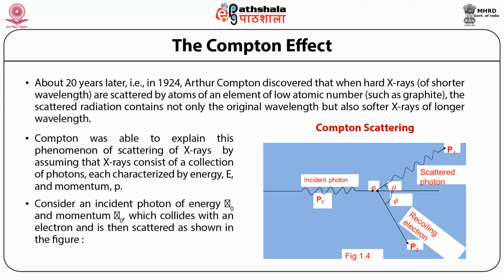Squaring and adding these two equations, we get p2 square equals p0 square plus p1 square minus 2 p0 p1 cos theta. By using the above relations, we rewrite our previous equation as [c into (p0 minus p1) plus mc square] whole square equals m square c to the power 4 plus p2 square c square, equals m square c to the power 4 plus c square into (p0 square plus p1 square minus 2 p0 p1 cos theta).